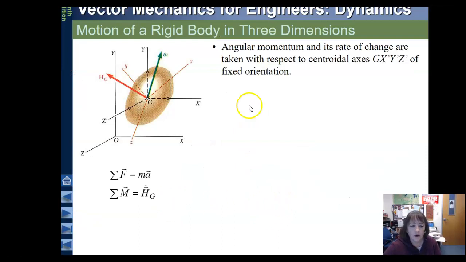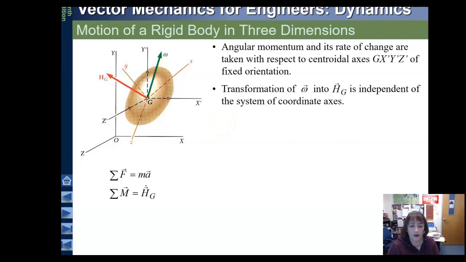When we take into account the angular momentum and rate of change with respect to a centroidal axis, that means attached to the centroid of a 3-dimensional rigid body, we can create a transformation of omega, or the angular speed, into angular momentum, and it will be independent of the coordinate system.